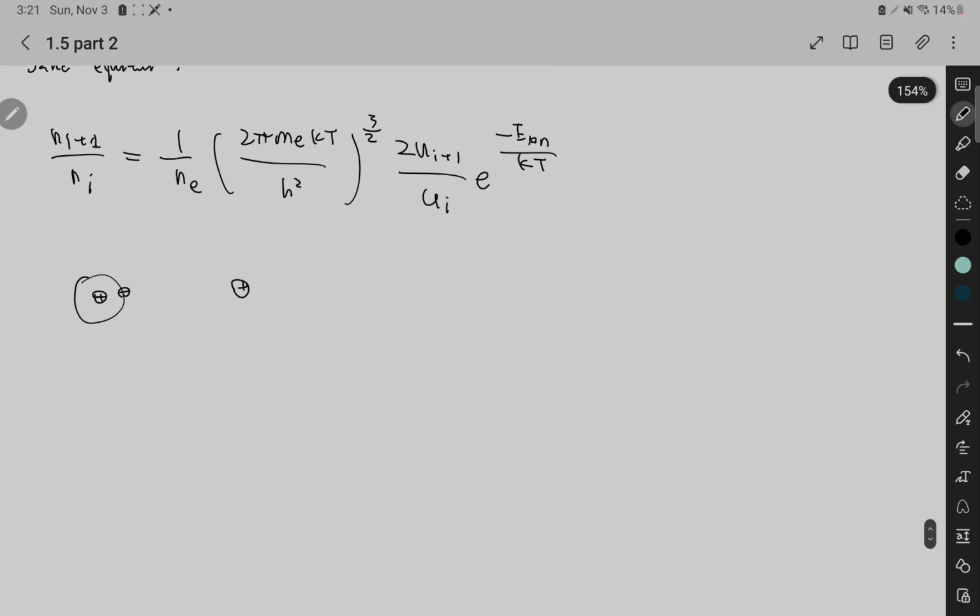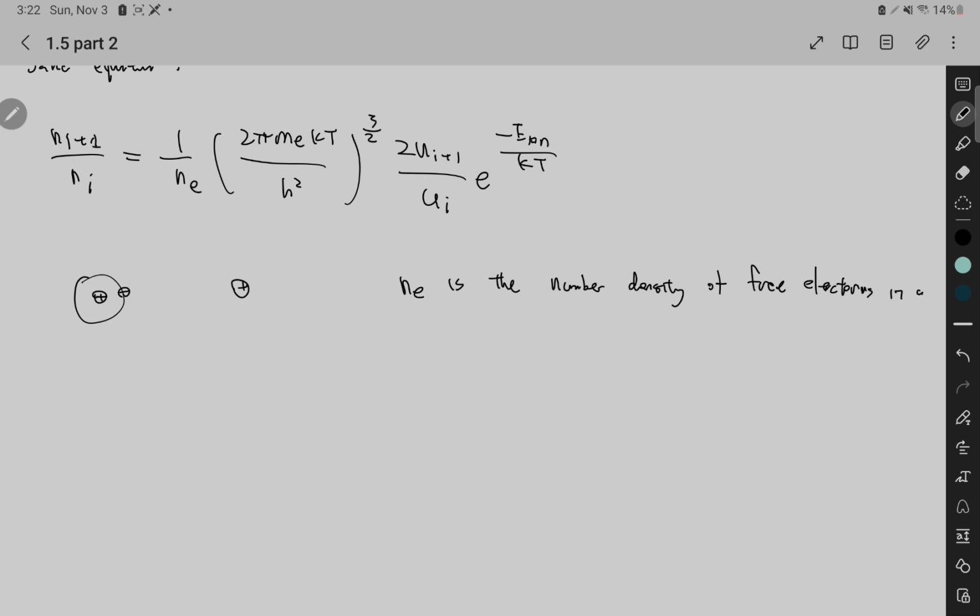Some of the variables we have here, I just want to quickly go through them. Ni and Ni plus 1 are the populations of neighboring ions of a given element. So in this case, for example, the population of neutral hydrogen versus the population of ionized hydrogen. And Ne here is the number density of free electrons in the gas, which I'm going to talk about in a second.